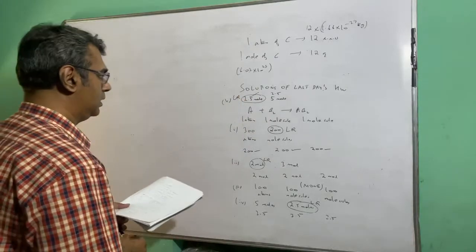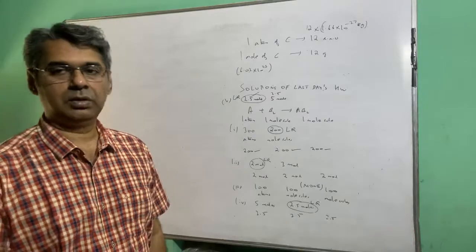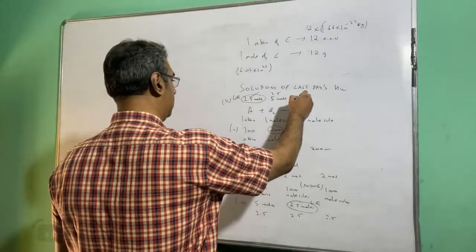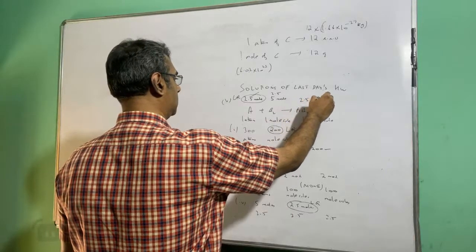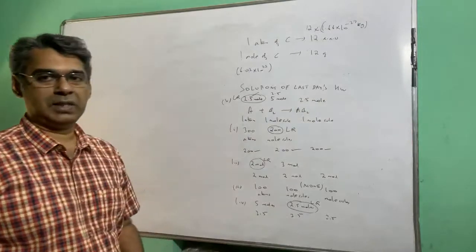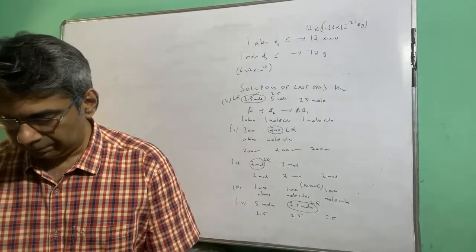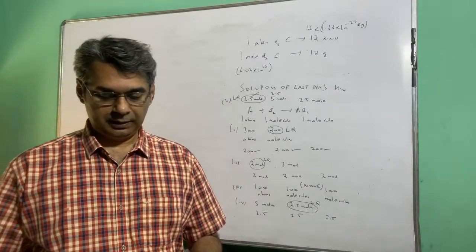The one which is in short supply, once again, is the limiting reagent. Why? Because it will control the output of the reaction. And of course the answer, AB2, will also be 2.5 moles. So you just have to keep an eye on which one is in short supply. The one which is in short supply will be the limiting reagent.